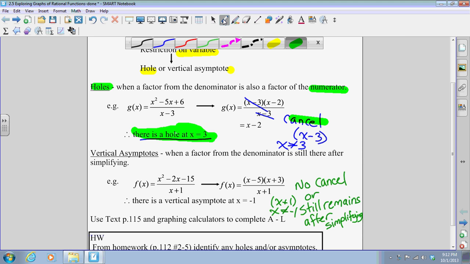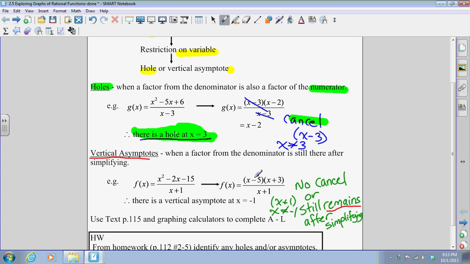Vertical asymptotes, on the other hand, ladies and gentlemen, they occur when a factor from the denominator that has a variable in it still remains after it's simplified. So you may want to put down, remains become a vertical asymptote, or VA. So looking at this expression, ladies and gentlemen, again, sometimes you can factor and it doesn't cancel.